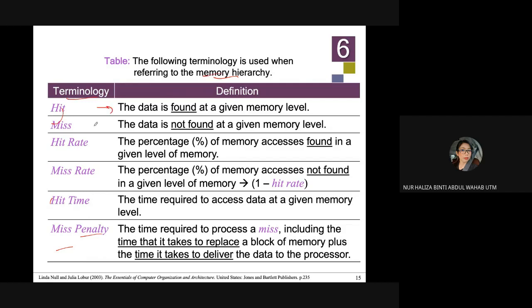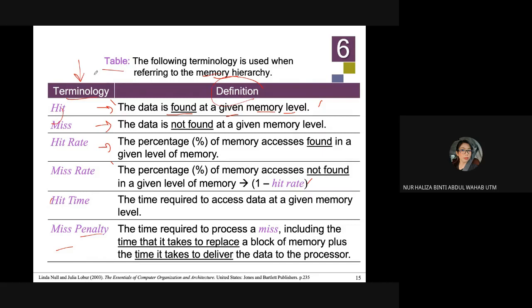So there is a specific definition for each, like hit. What is hit basically for? Hit is when the data is found in a given memory level. So all of this you can read. If I just read this slide it's not useful, you won't even listen, it would be boring. But all of this is the definitions you need to know for all of the terminology given in the table.